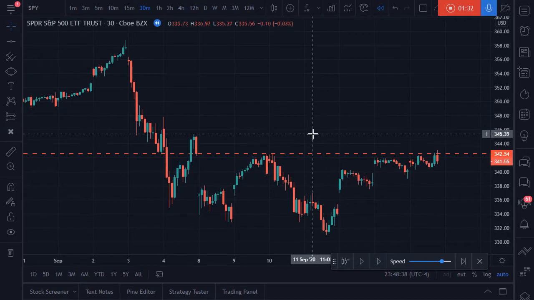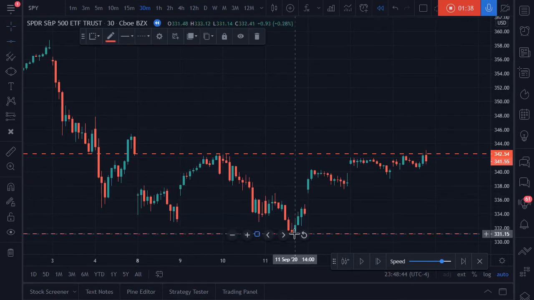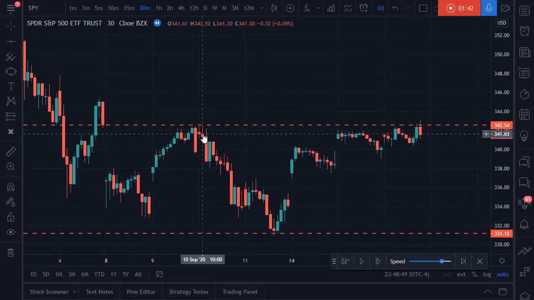So another level we want to look at here in this range is, of course, the major low. So let's mark that off right there. And don't worry about being too exact about where you put it. Don't look at the high and low and feel that you need to get it down to the penny, because price is never going to be an exact science. You really just want to be very nimble.